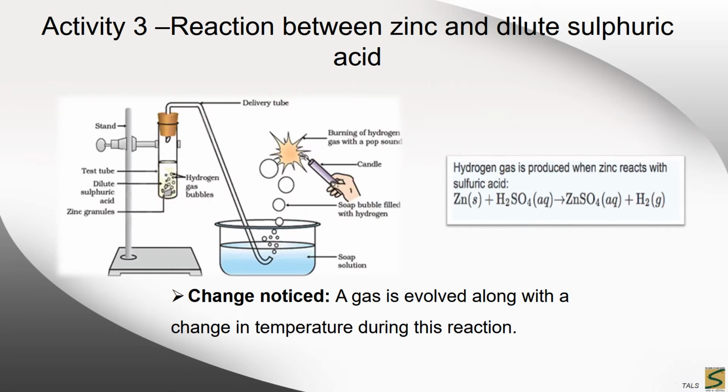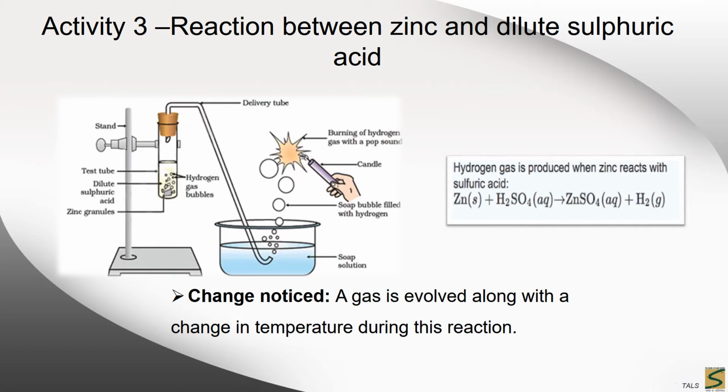Activity 3, reaction between zinc and dilute sulfuric acid. Zinc granules are taken in a test tube and dilute sulfuric acid is added to it. Hydrogen gas is evolved from the surface of the metal, and this evolved hydrogen gas passes through the delivery tube, and if it is tested with a burning candle, it explodes with a pop sound, proving that it is hydrogen gas.